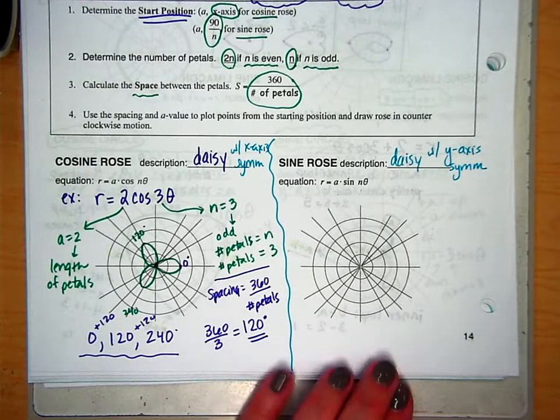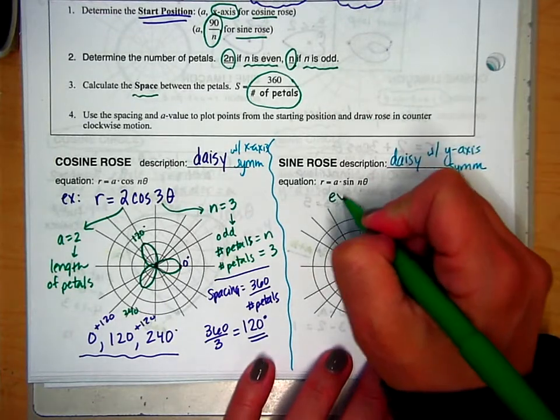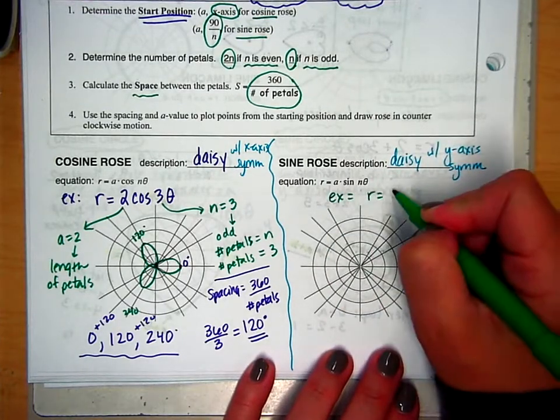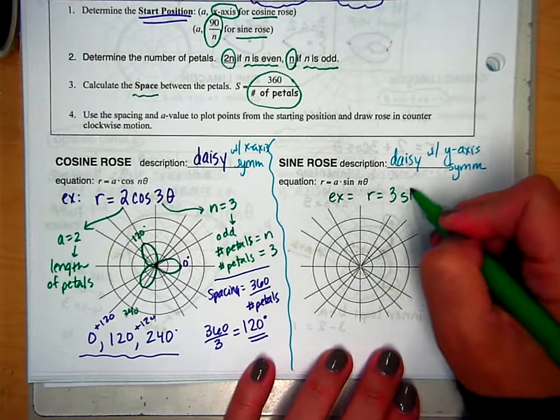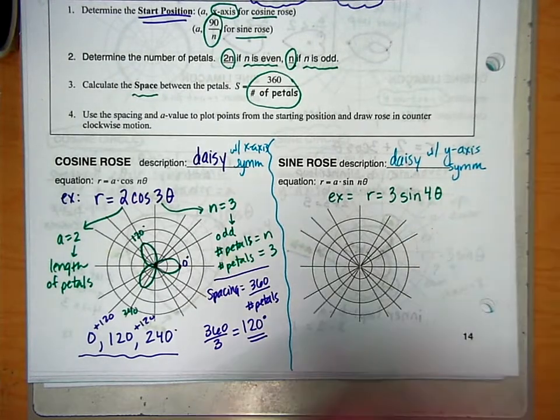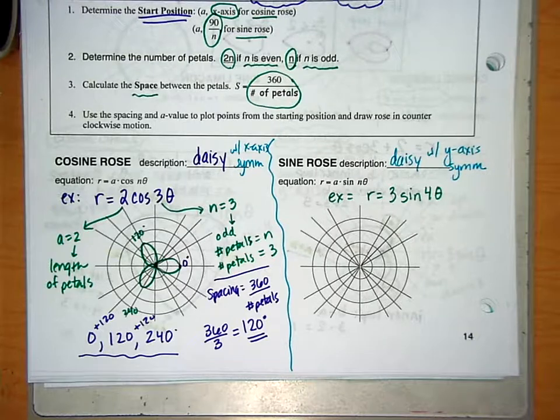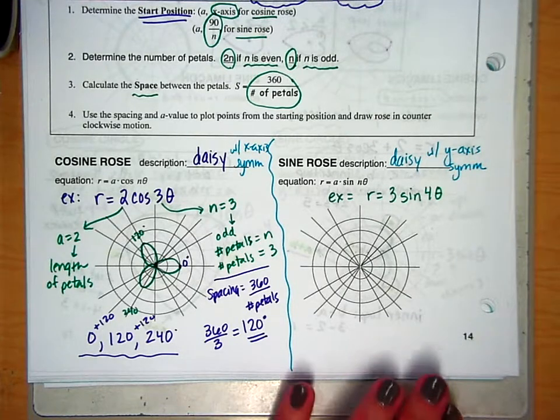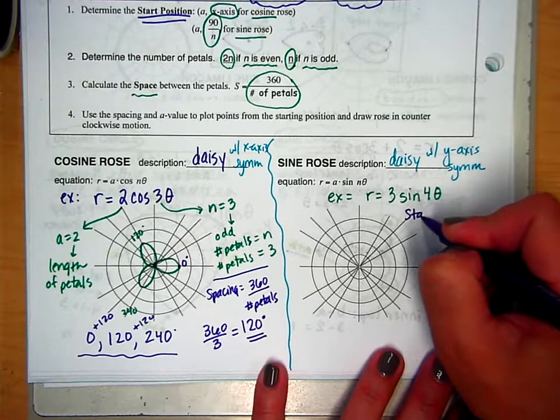R equals 3 sine of 4 theta. So let's go through our steps. Start with start position. So where is this one going to start?